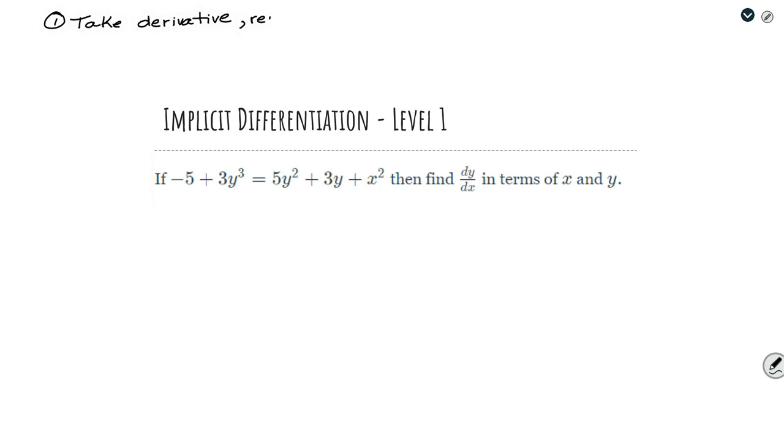You'll remember to use dx and dy dx appropriately, and I'll talk about that in just a minute. Then after you take the derivative, remembering to use those, you're going to solve for dy dx.